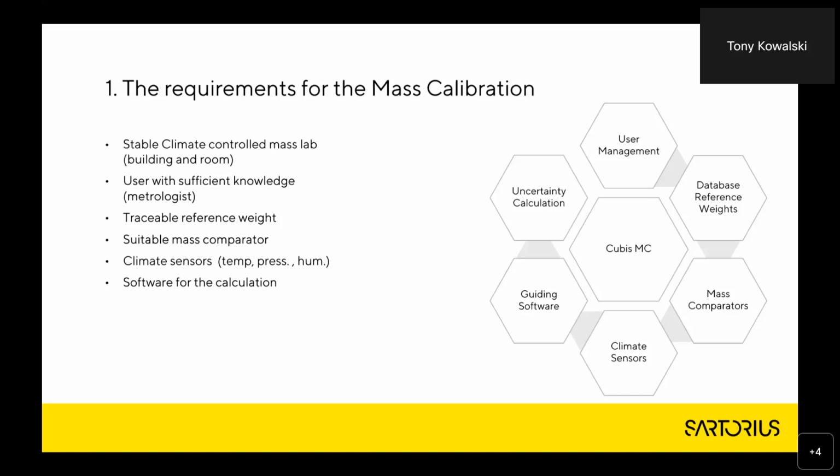We need a suitable comparator because in OIML, you need no more than 1/5 of the permissible tolerance as the total error in the weighing process. If you're calibrating E1 or E2, you'll need climate sensors for temperature, pressure, and humidity.